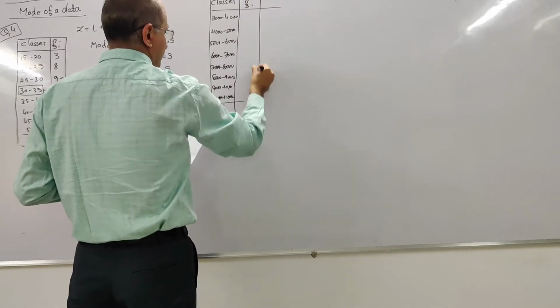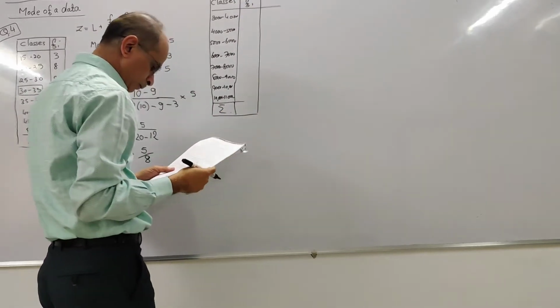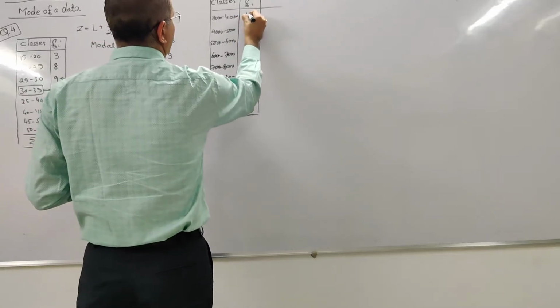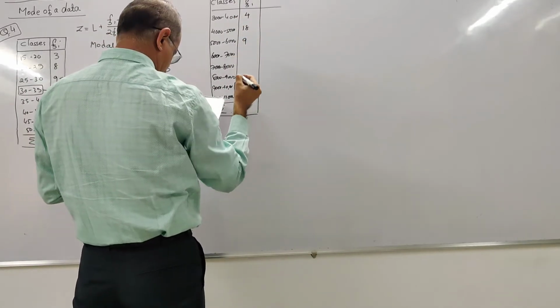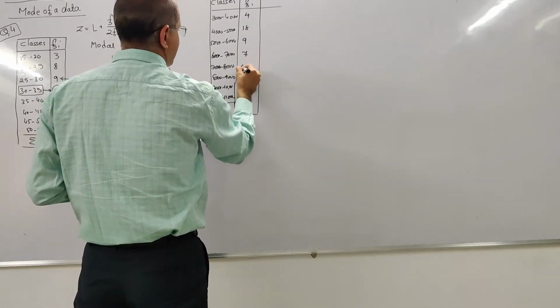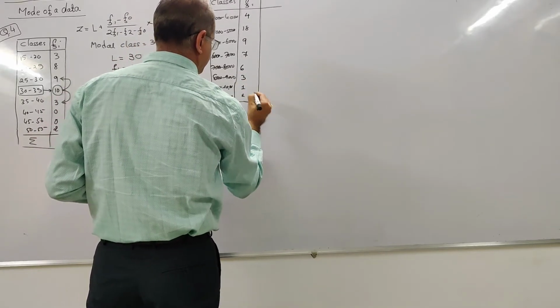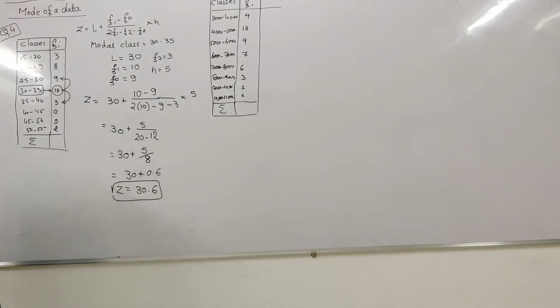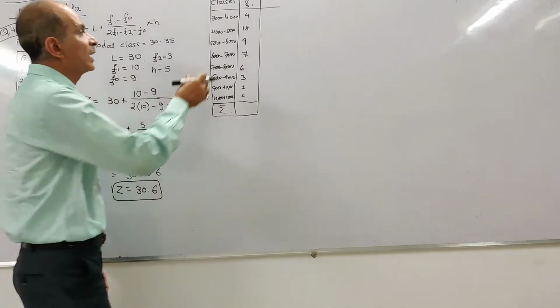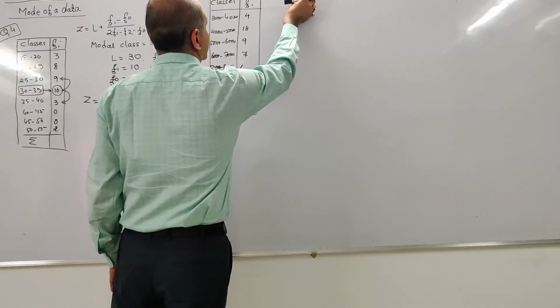Now the frequencies are also given to you: 4, 18, 9, 7, 6, 3, 1 and 1. Here also your question is to find the mode of the data. First find the highest frequency.